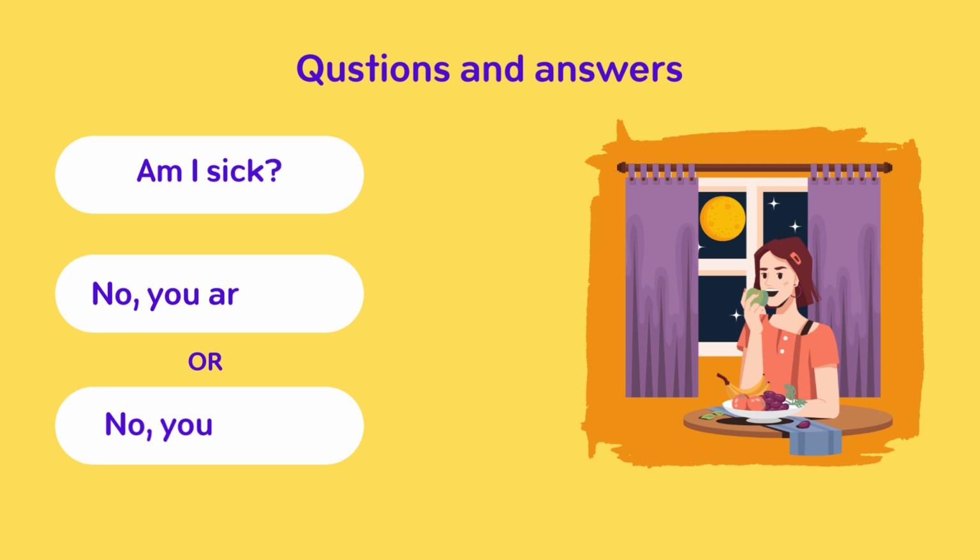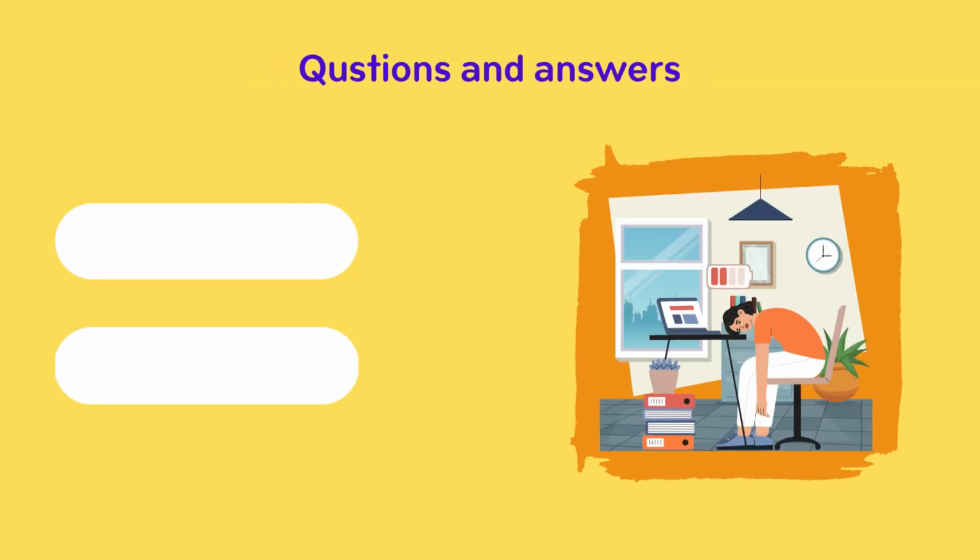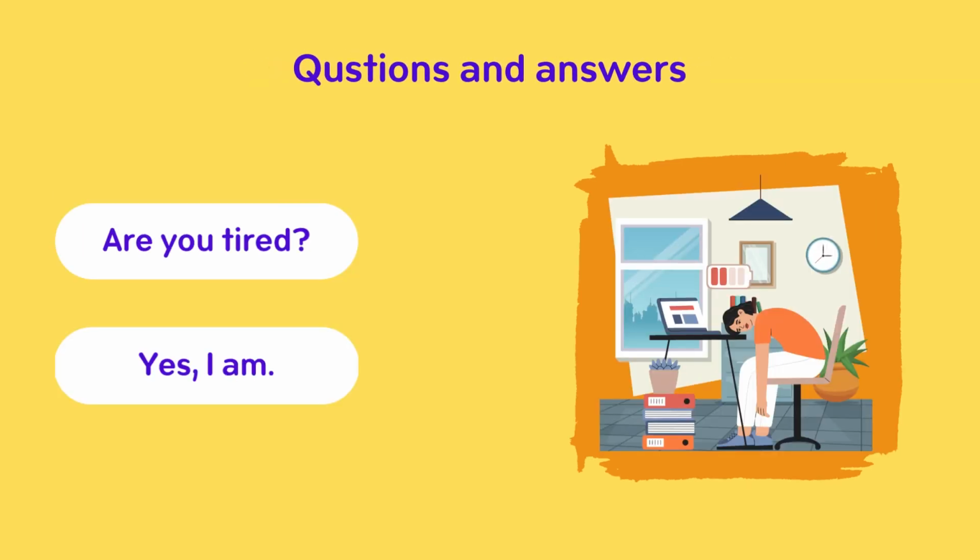Now, if our answer is no, what happens? Am I sick? No, you are not. Or, no, you aren't. So, in order to answer with no, we need to use negative. No, you're not. Or, no, you aren't. Look at this question. Are you tired?